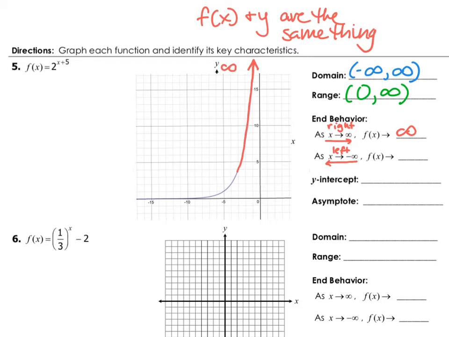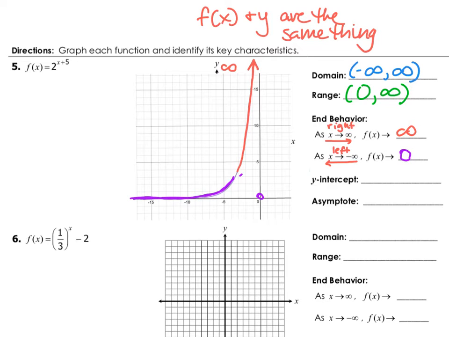It's actually approaching the x-axis. So it's getting closer and closer and closer to 0. So as x approaches negative infinity, or as x moves to the left, y is actually approaching 0. See how it's getting closer and closer to the 0 right here.